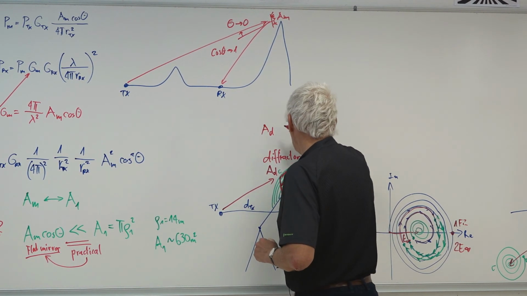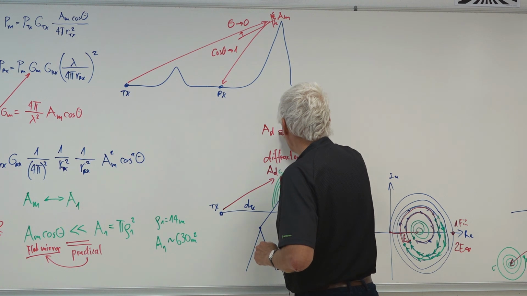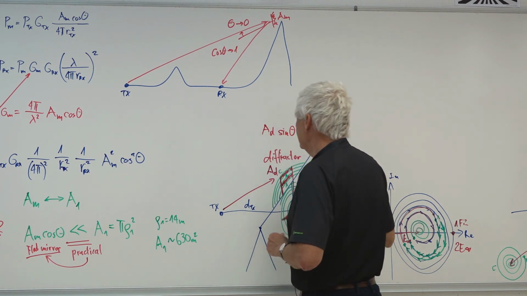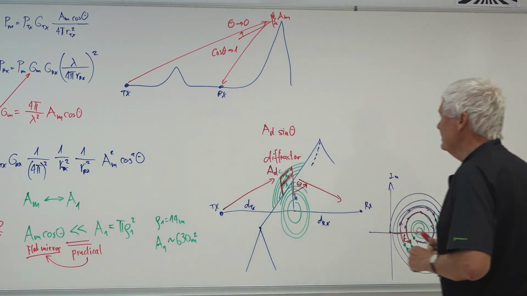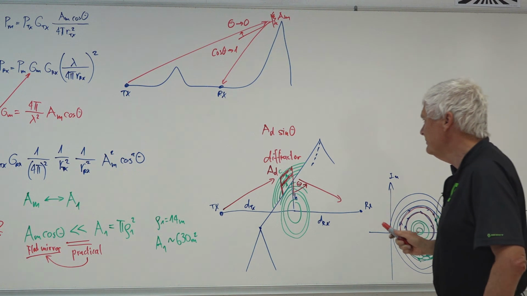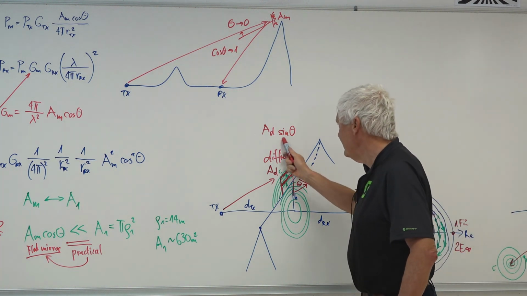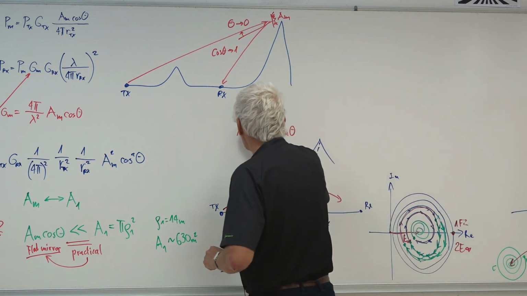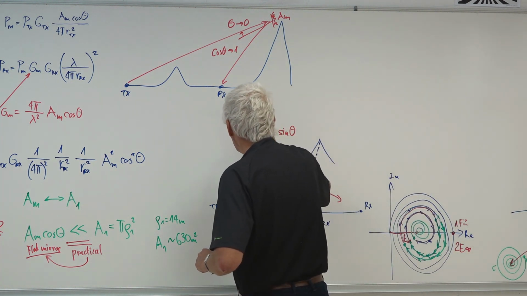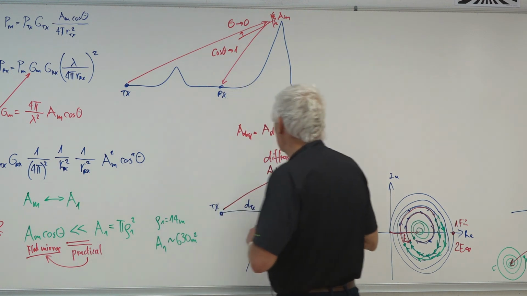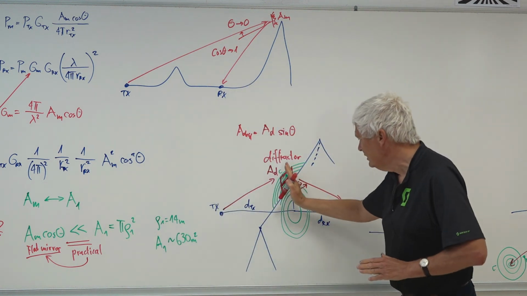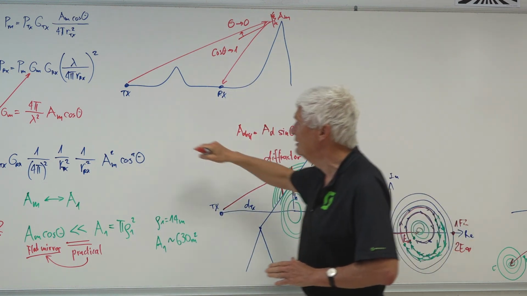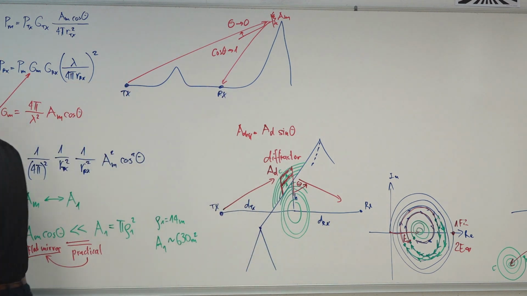Times sine theta. Not cosine theta, but sine theta, because the effective area of the diffractor is now multiplied by sine theta, because the diffractor is now at right angle with respect to our mirror.